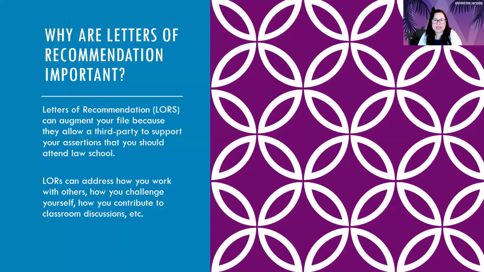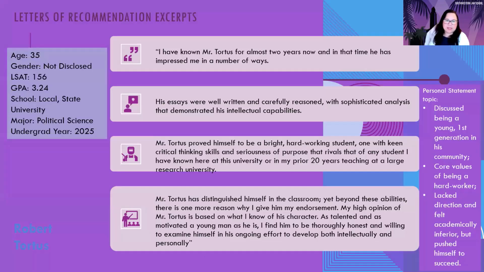But the next thing I'm going to show you is going to be an excerpt. This is where you're going to have an opportunity to give some feedback about what you think about this kind of language, this kind of information. You can see in the far corners, there are just little snapshots about the candidate. They're 35 years old. At the time of applying, they had a 156 and a 324.